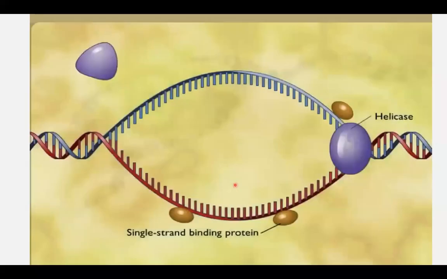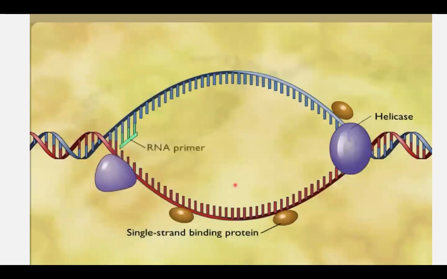However, replication begins as an enzyme called primase assembles an RNA primer at the origin of replication site. The RNA primer consists of a short sequence of RNA nucleotides complementary to a small initial section of the DNA strand being prepared for replication.